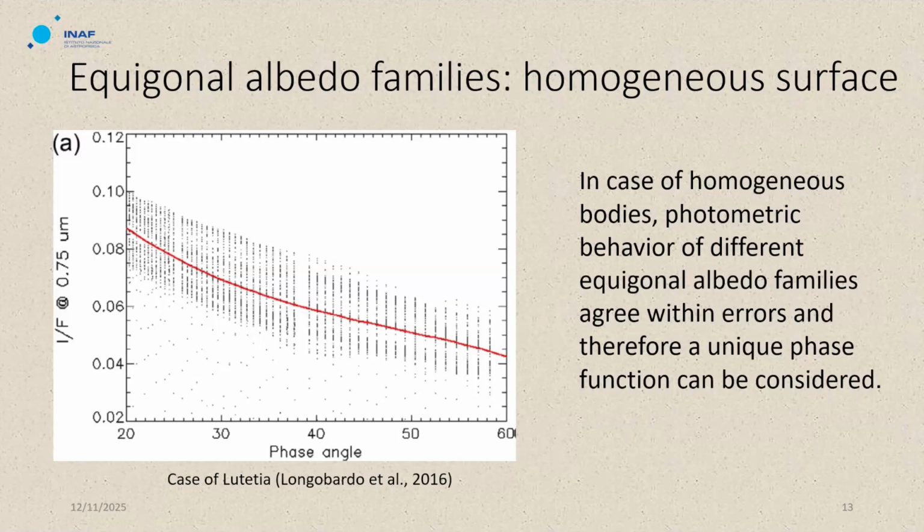This does not mean that the phase function is the same everywhere. We can have small regions having a different phase function, but the average behavior can be considered as a unique phase function, not in the case of Vesta, where we have macroscopic variation of the phase function. In most cases, we have small scale variation, so we can consider one unique phase function.